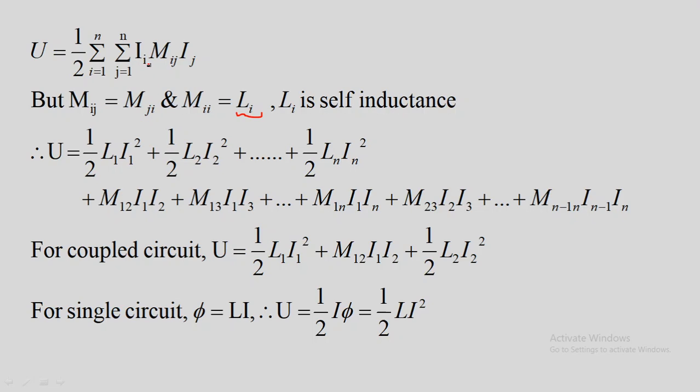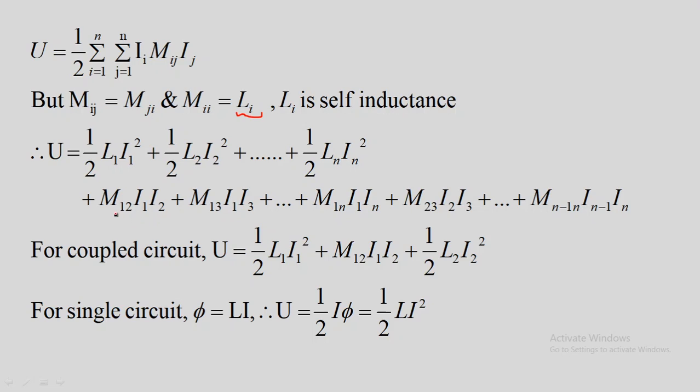So if you substitute all these things here, you get half L1 I1 square plus half L2 I2 square plus half Ln In square. That's for the self-inductance when i equal to j.